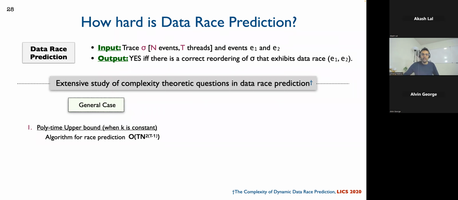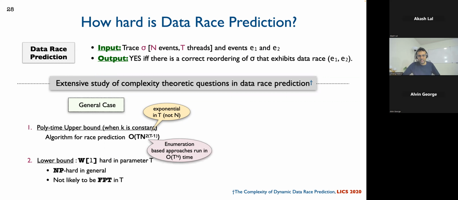But nevertheless, there is an algorithm that runs in time n to the order t, where t is the number of threads and n is the number of events. This is a better algorithm than looking at all permutations, which would run in time k to the n, or even n factorial, because typically the number of threads is smaller.